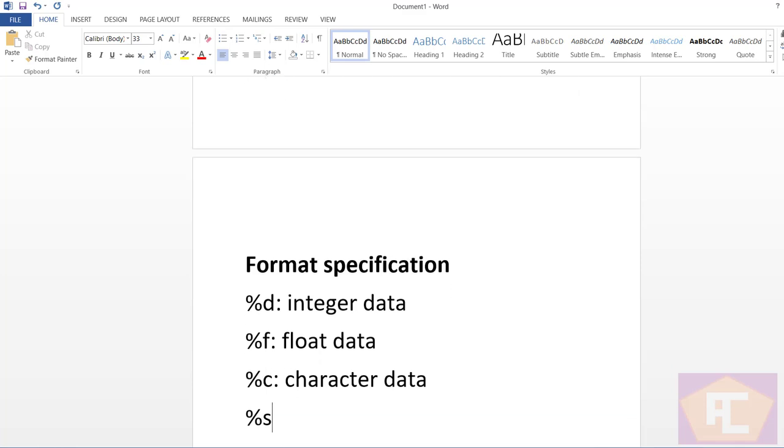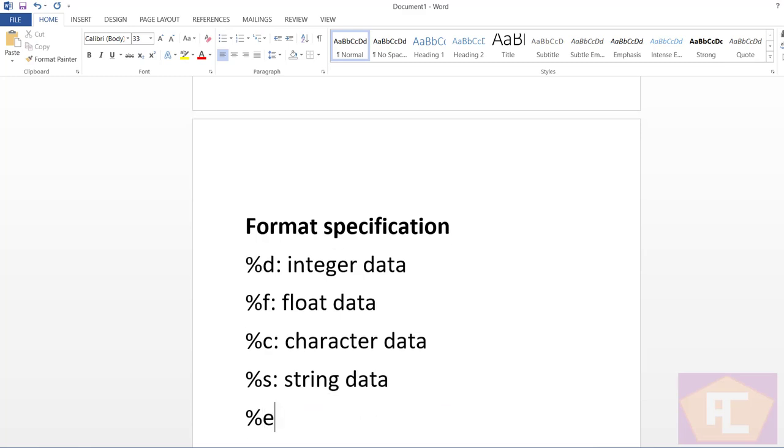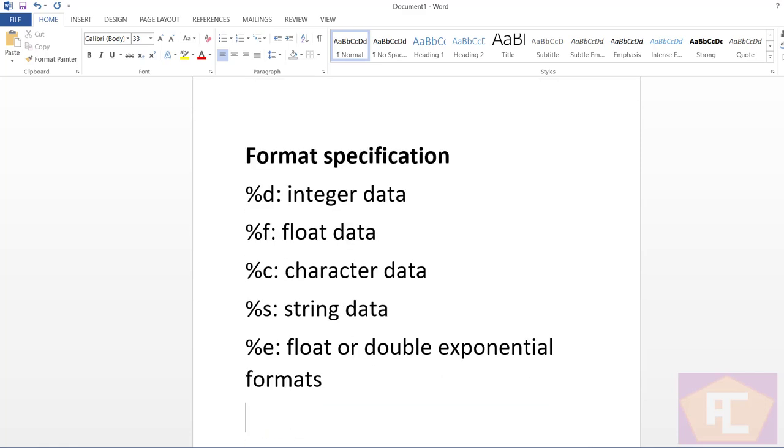The next one is %s. We would be using this to receive and print string data. Next one is %a. This is actually a format where we can use it for float or for double. Double is a bigger data type which has more decimal digits, and in this case it's going to be double exponential format. And next is %o. This is used for taking in integers with octal value.